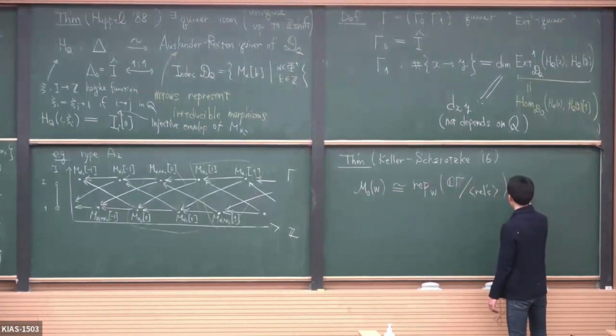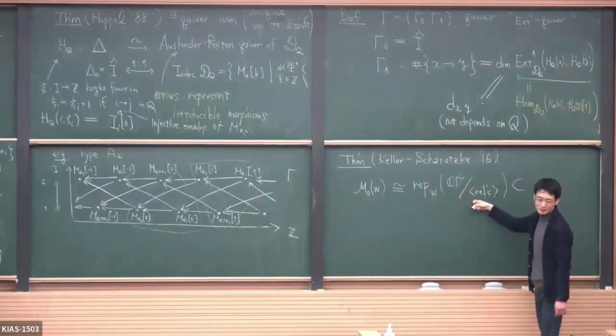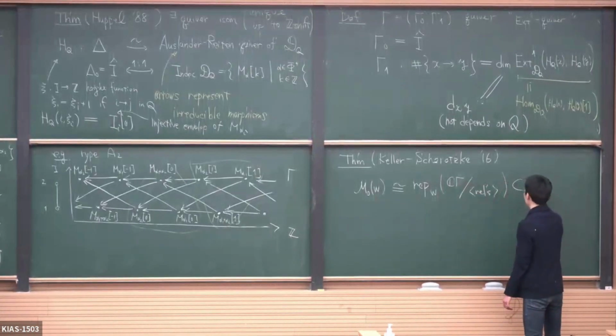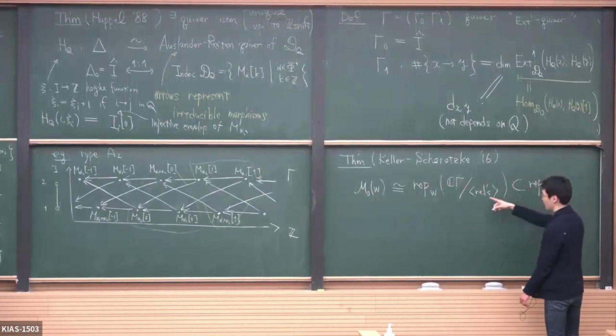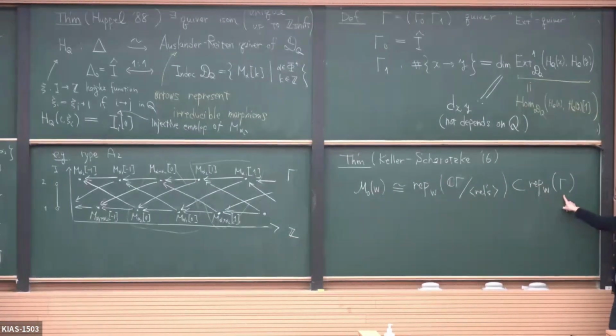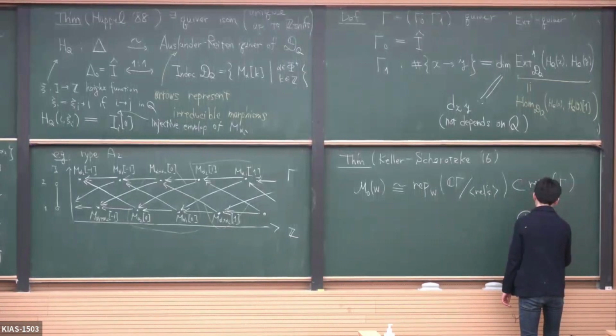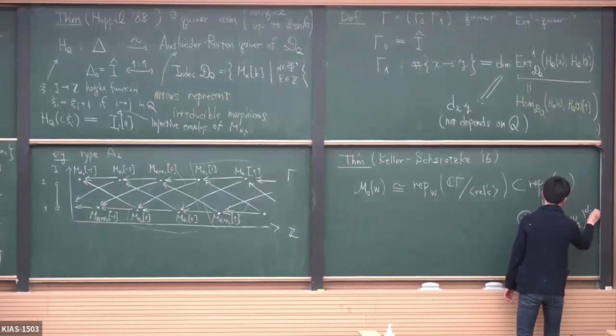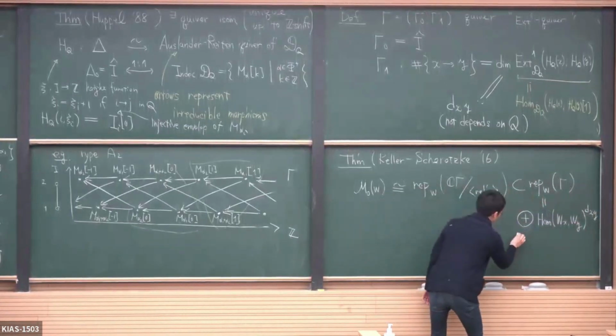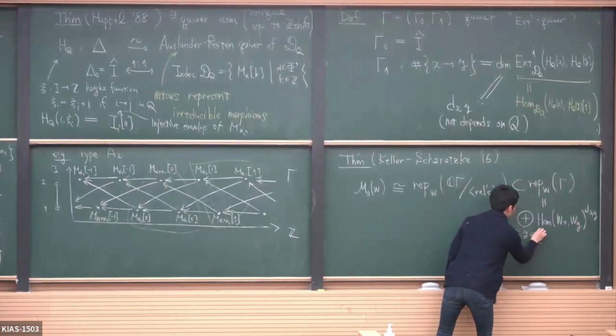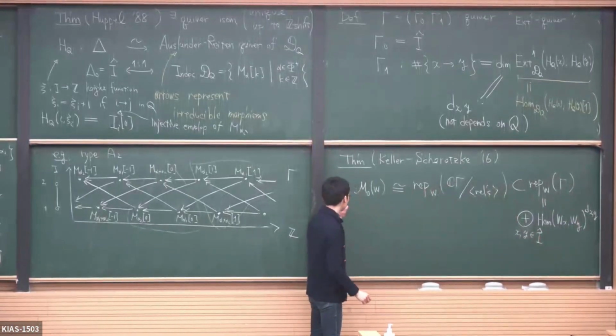The important thing is that by definition, this space of representations of this algebra is an affine closed subvariety of the space of representations of the quiver gamma, which is given by the direct sum of Hom spaces from W_x to W_y, with multiplicity d_xy. So in particular, this theorem gives an embedding of this affine variety into an affine space.